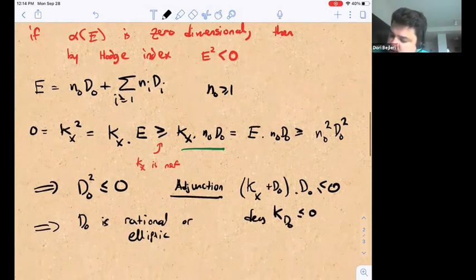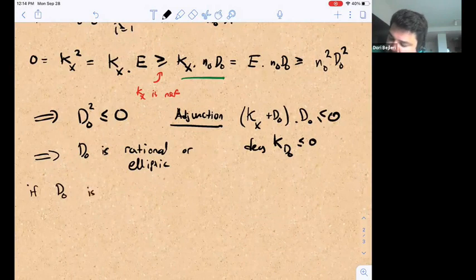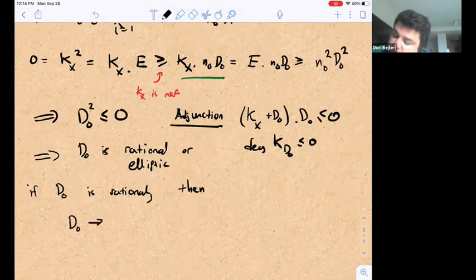But by the functoriality of the Albanese, we know that if D is P1, or if D is rational, then the composition of the inclusion of d0 into x and the Albanese of x must factor through the Albanese of d0, which is just the Jacobian.